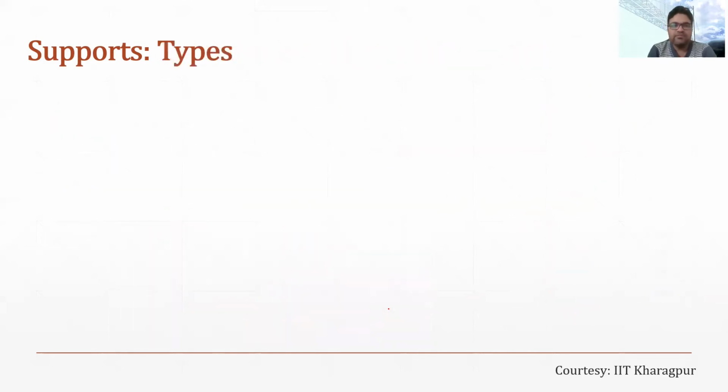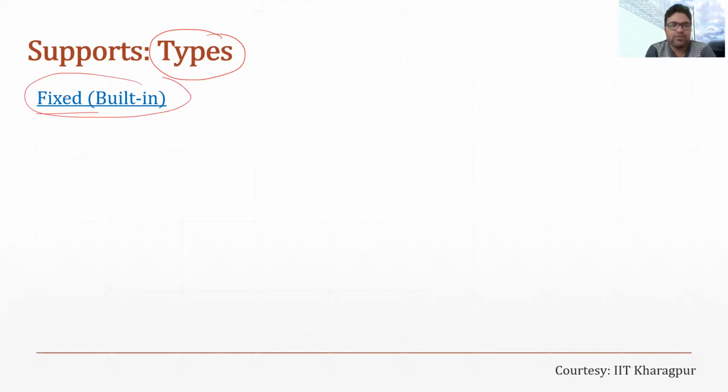Now we will see what types of support are available and generally used in our structures. The first type of support is known as fixed support. Fixed support is also known as built-in support. A built-in support can prevent all degrees of freedom.